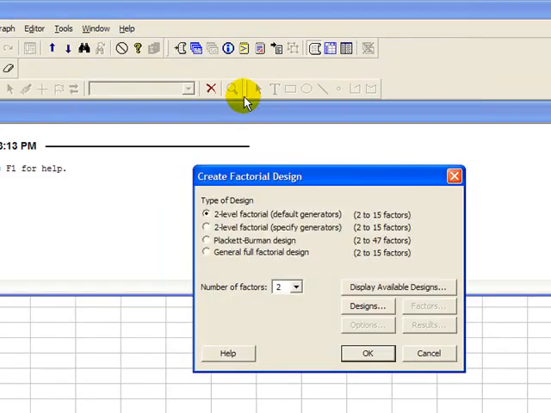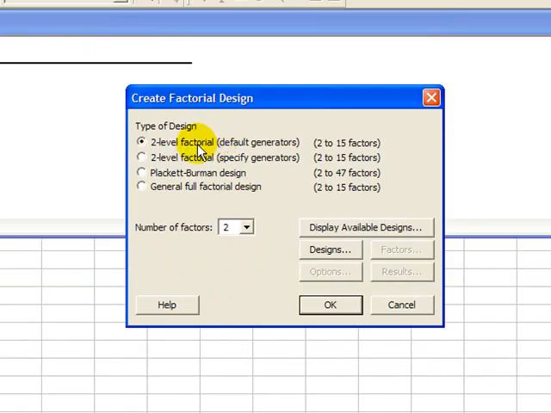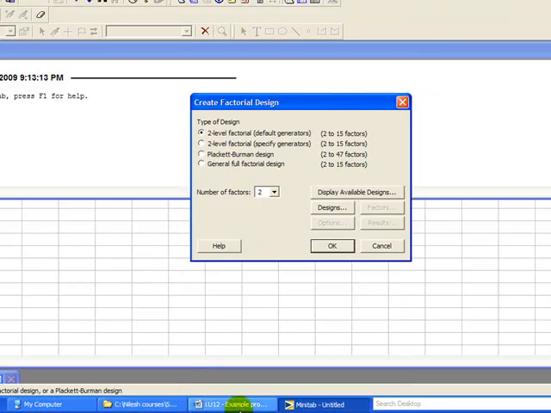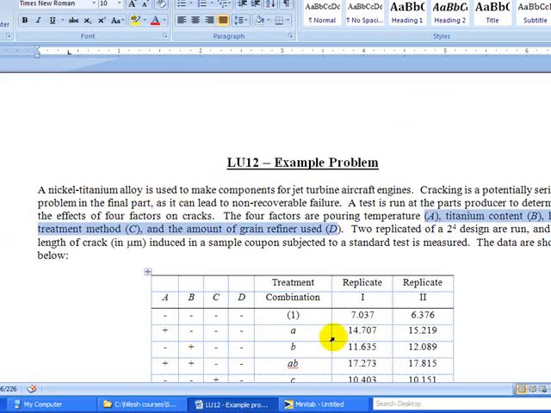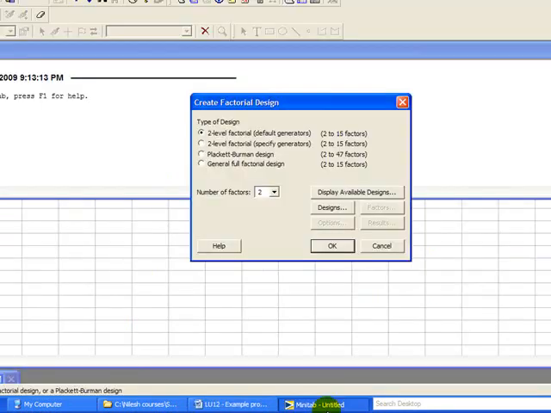So I'm going to create a factorial design, and you can see here the 2-level factorial. Yes, our design is 2-level because we have 2 levels of each factor, that is a 2 raised to 4 design. So 2-level, that is good.